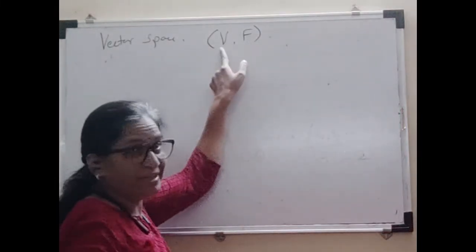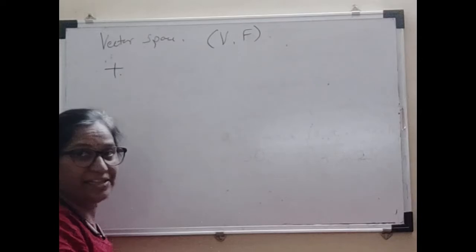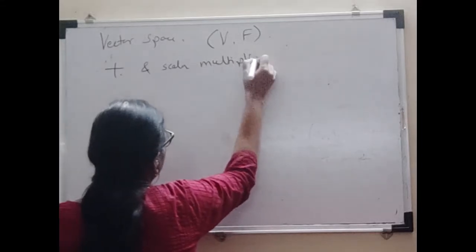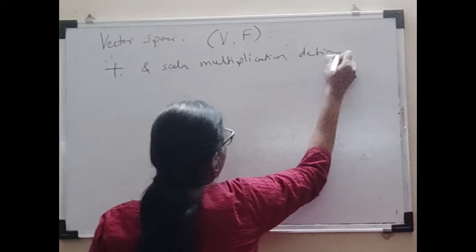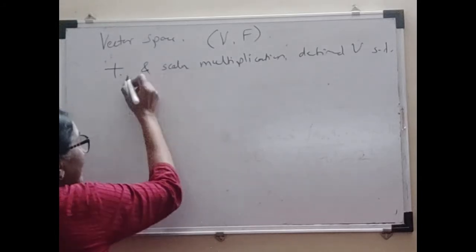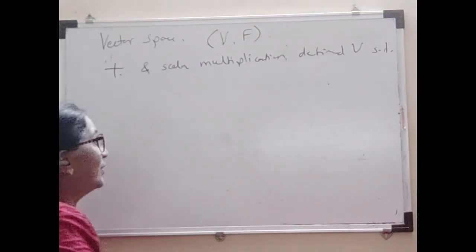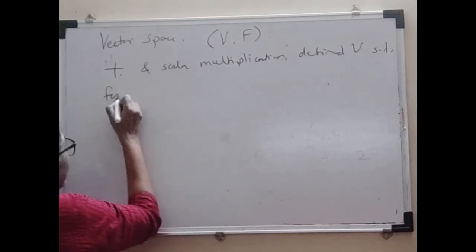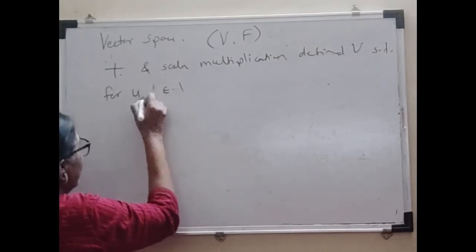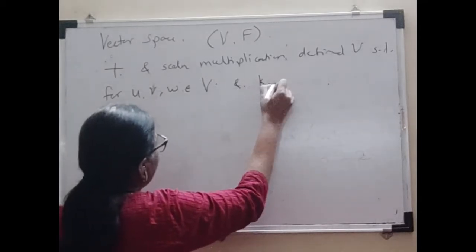Suppose V is a non-empty set of vectors, F is a field of scalars, and there exist two operations, addition and scalar multiplication, defined on V. They are defined on vectors of V and scalars in F. Such that for u, v, w belonging to V, and scalars k, l belonging to F.